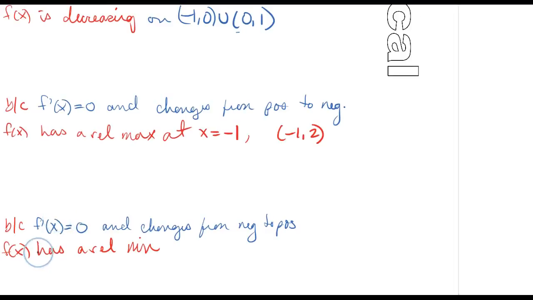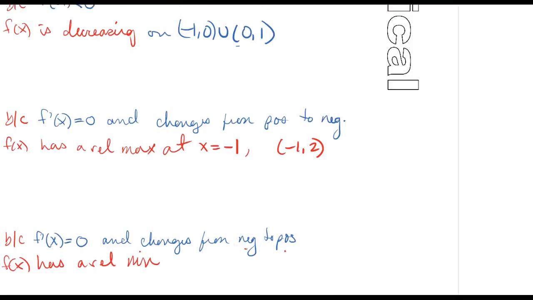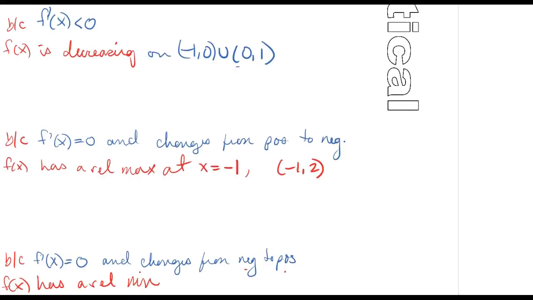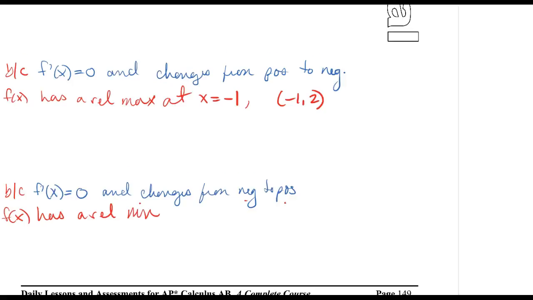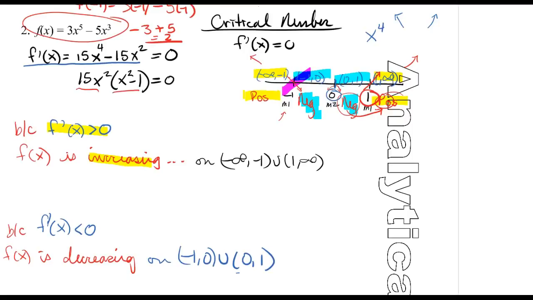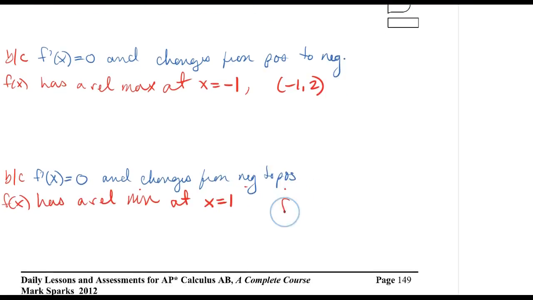And my function has a relative minimum where the derivative is 0 and changes from negative to positive. And that happens negative to positive here, which is across x equals 1. At x equals 1. And then I need to find my y value. My function was 3x to the 5th minus 5x to the 3rd.